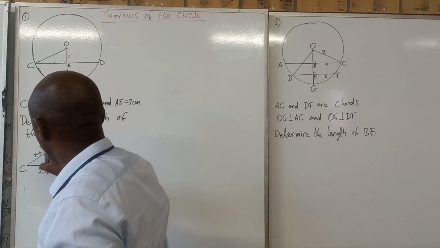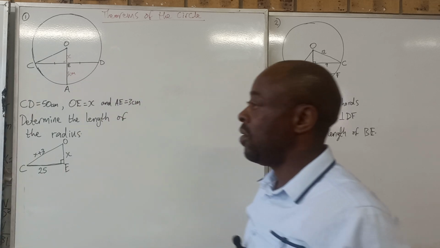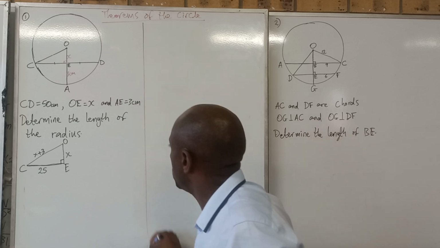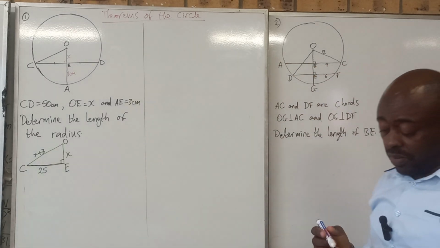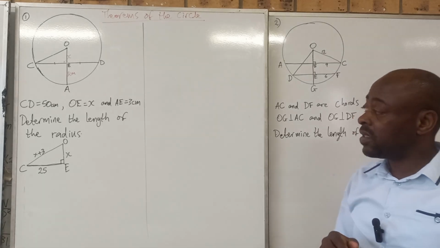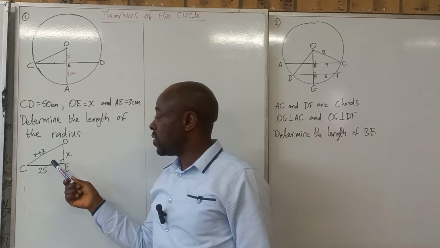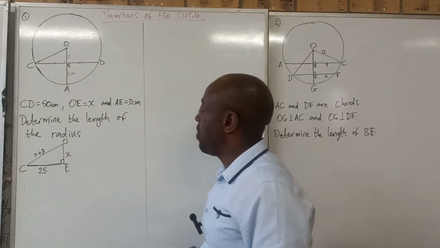Each time you find yourself with a problem that involves this theorem, of a line from the center through the midpoint being perpendicular to the chord, or a line from the center that is perpendicular to a chord bisecting the chord, which is another way of stating it, then you know that you must create a right angle triangle from your diagram and then apply Pythagoras.